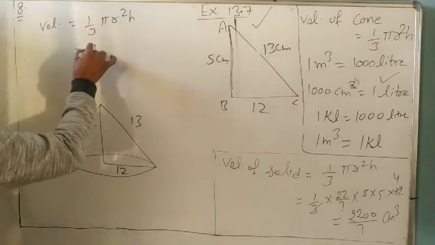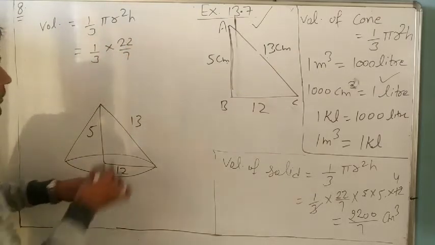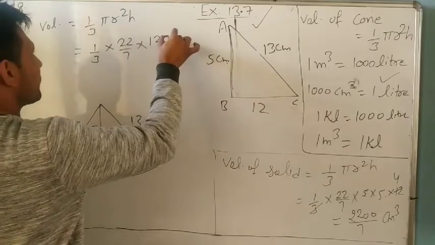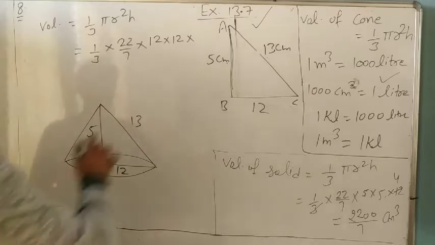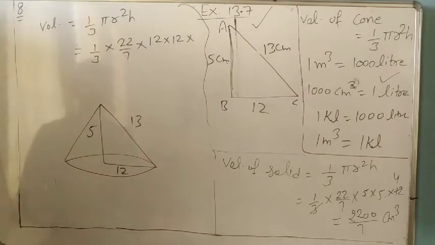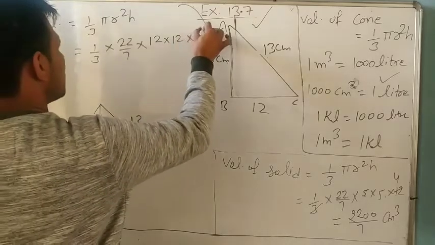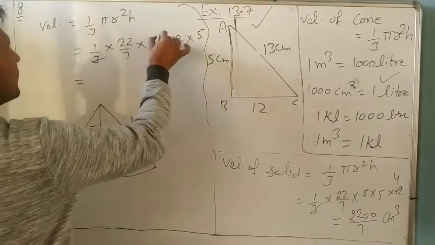And 1 by 3 pi, 22 by 7, r is 12, 12 into 12 into h, h is 5. Yes. So what is it? You can find 3 4.